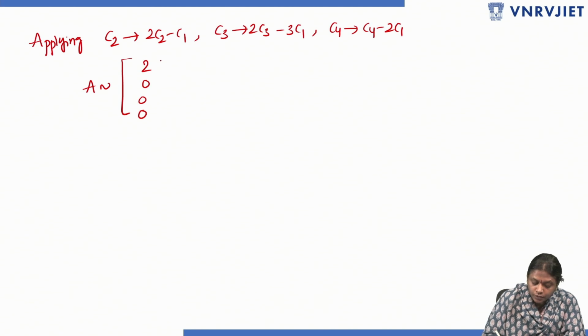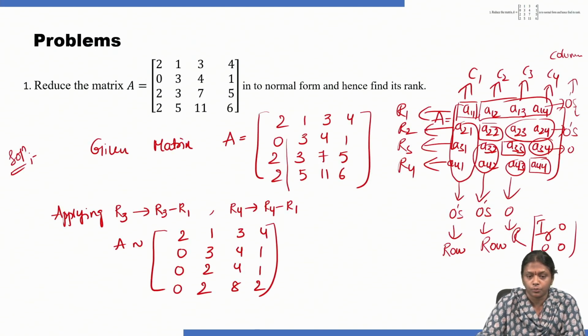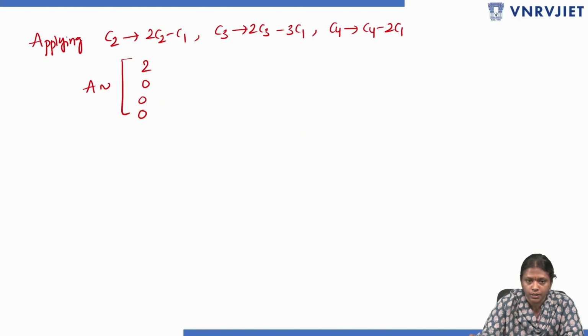Now here we are having, if you go back to the back slide here, so I'm doing here 2C2 minus C1, that is 2 minus 2, 0. Next I am doing 2C3 minus 3C1, that is 6 minus 6 going to be 0. And next fourth, that is C4 minus 2C1. So all these elements are going to be 0.